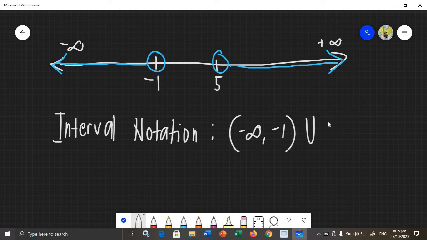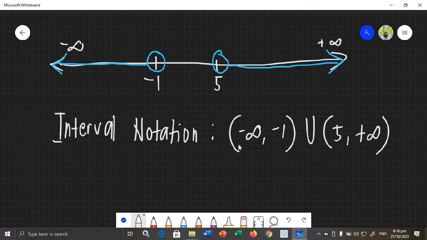Union, meaning combine, and then 5, parentheses also because 5 is not included in the solution, up until positive infinity. So that will be the interval notation of this example or this illustration.